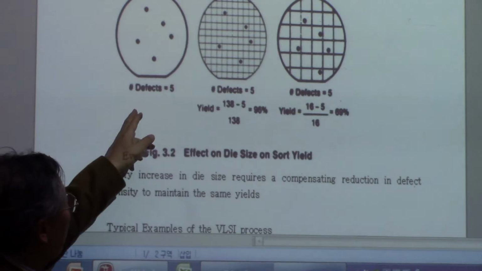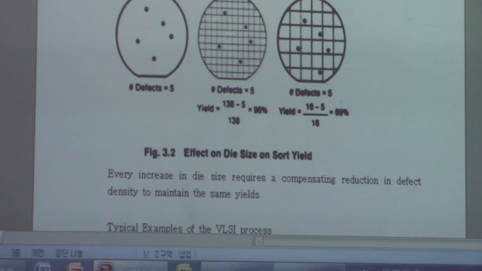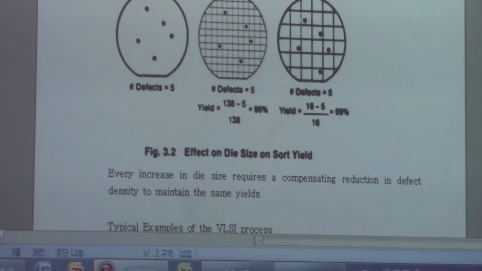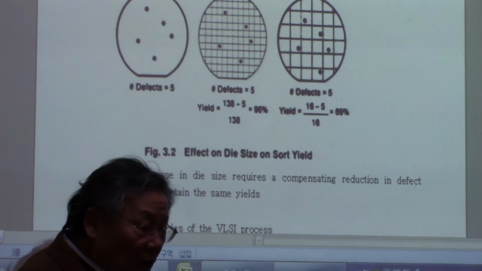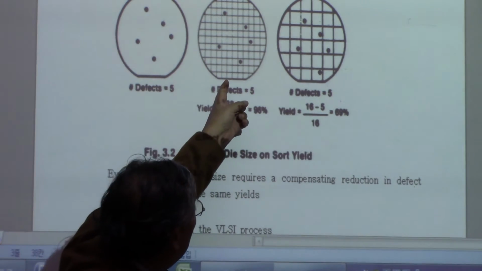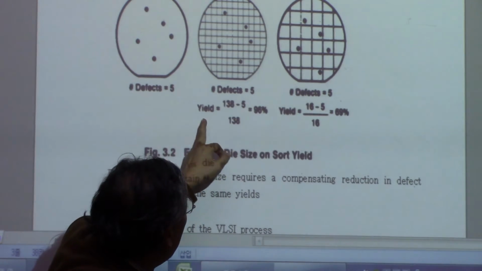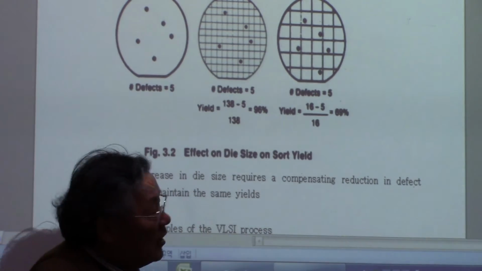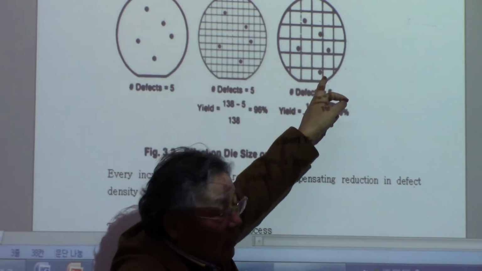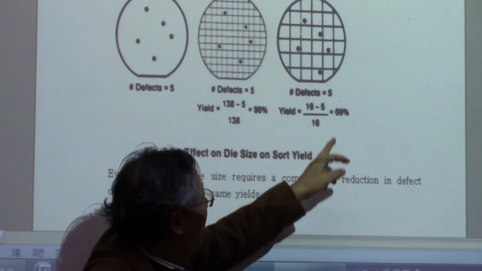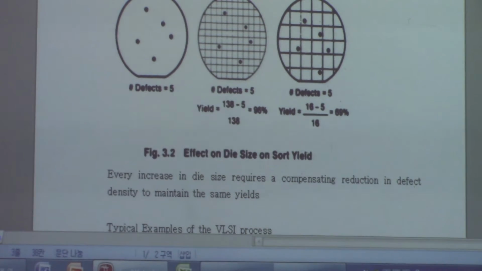So let's assume that 5 defects is inevitable. You have to live with that. Then if you have a technology to make the die as small as this, the defects number 5 and the yield is going to be 96%. But if your die size is this big, then the yield becomes 69%.